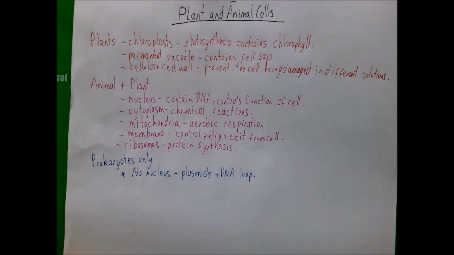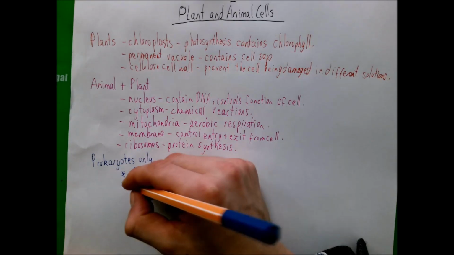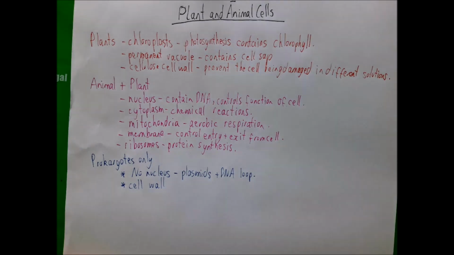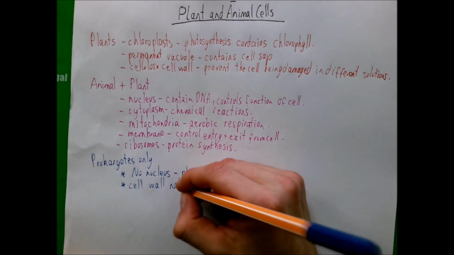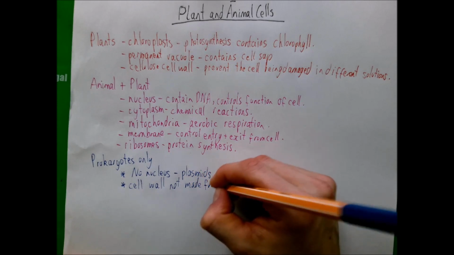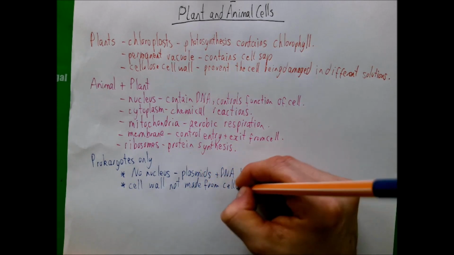Plasmids are really useful because they're short sequences of DNA which contain just one or two genes, and they can be swapped by bacteria to share things like antibiotic resistance, so they're vital for their survival. Another difference is that the cell wall in bacteria and prokaryotes is not made out of cellulose. They still have one, but it's made from a slightly different substance.